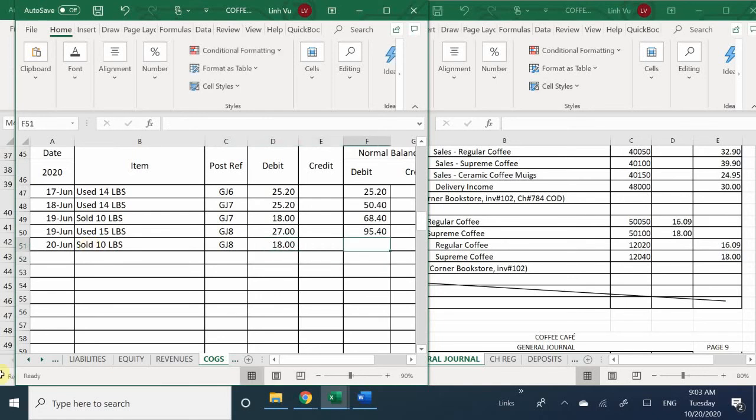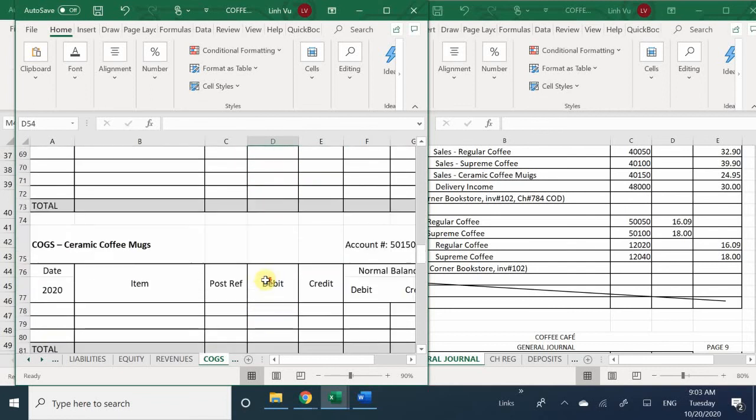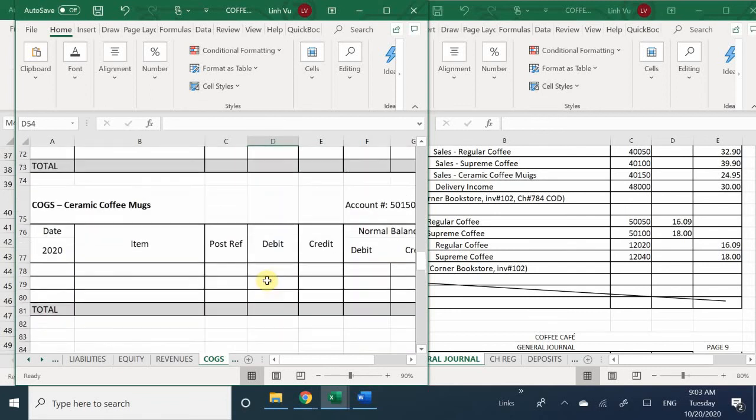Bringing my new balance to be 113.40. Lastly is going to be my regular and Supreme Coffee.